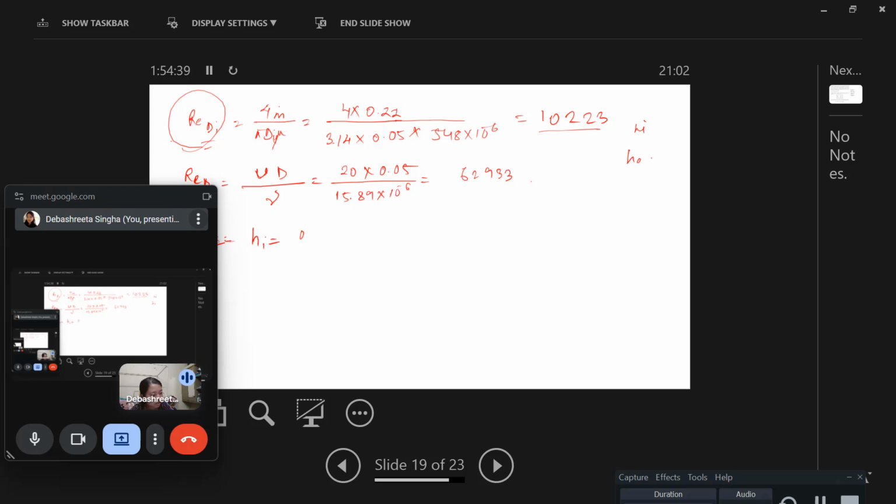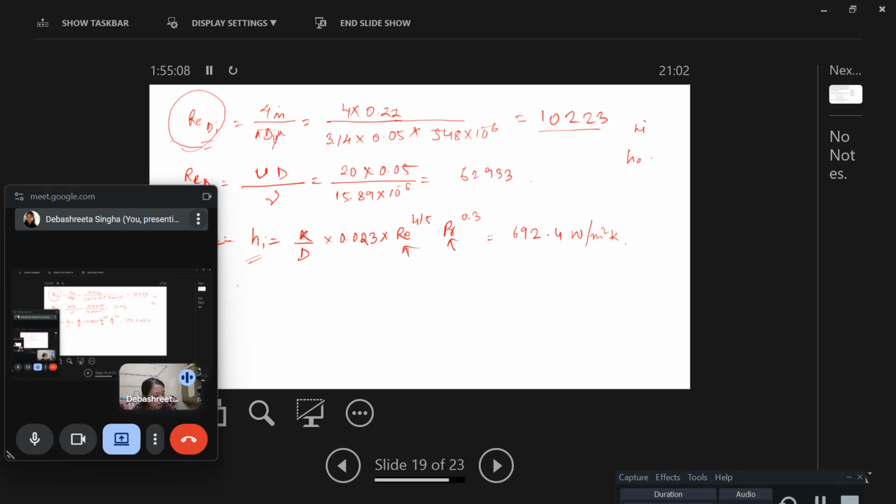This is k by D into 0.023 into Re to the power 4 by 5, Prandtl number to the power 0.3 for cooling. If we substitute the values here, we get h_i as 692.4 watt per meter square Kelvin.